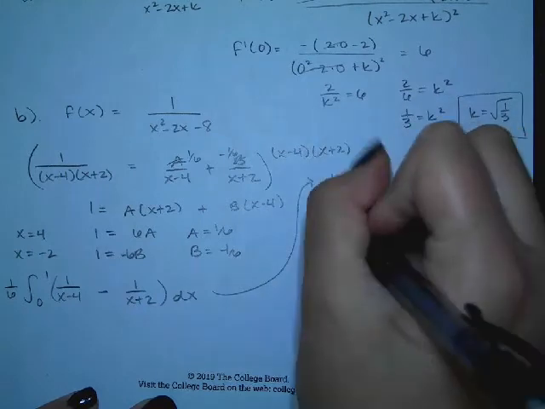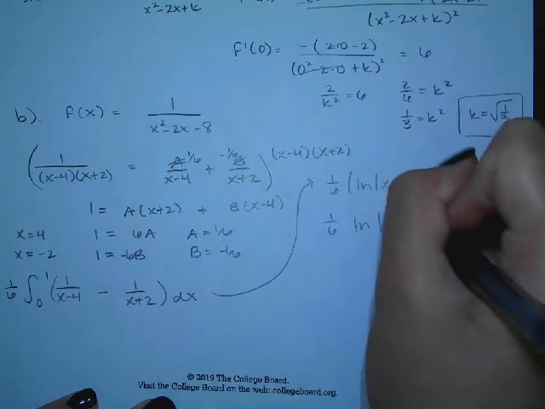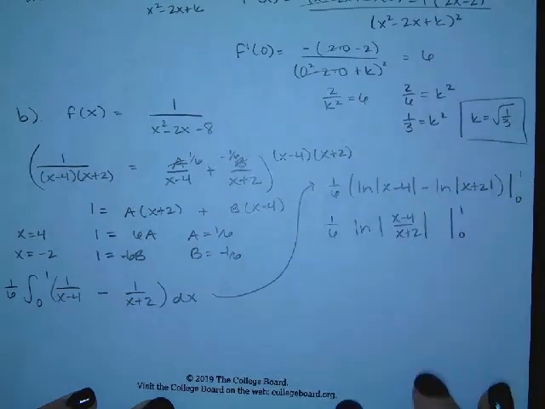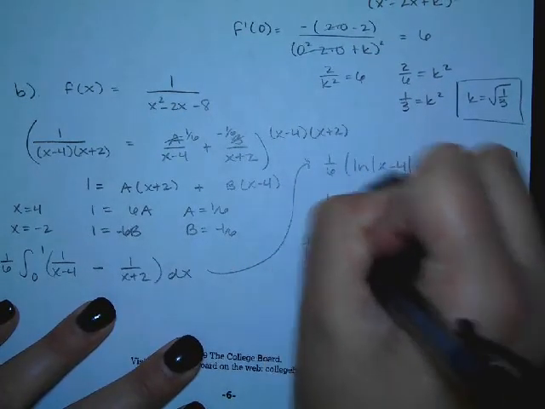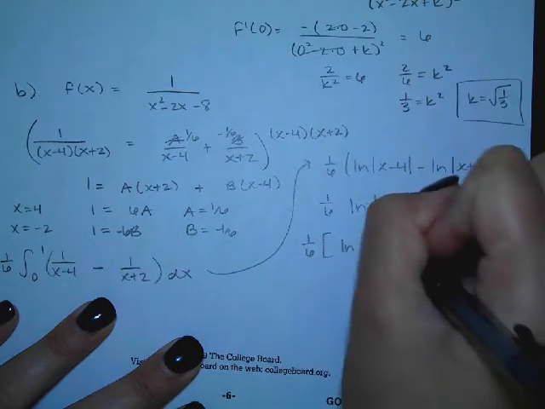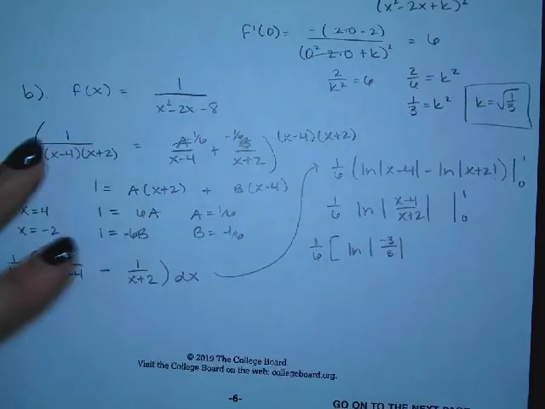And then if you use properties of logs, you have 1/6 ln of x minus 4 over x plus 2 from 0 to 1. And so what you do next is you're plugging in the 1, and what I noticed, and this is the part that messed me up, is that you get ln of -3 over 3, and I was like, oh, you can't take the ln of a negative.